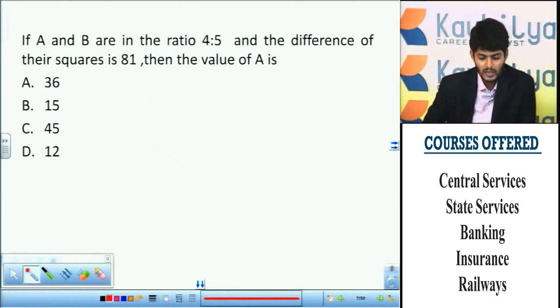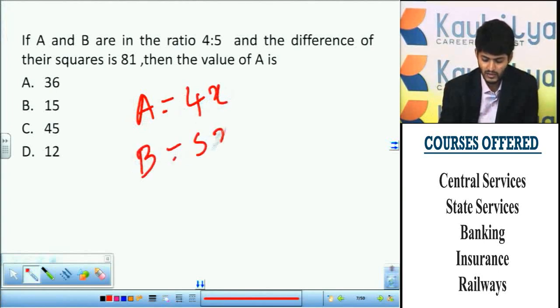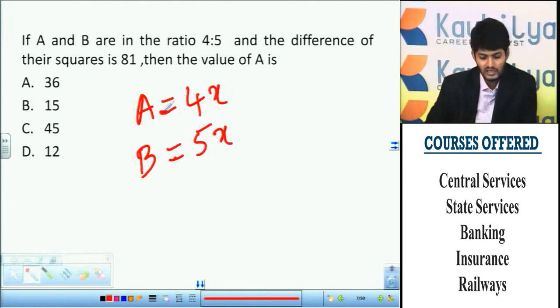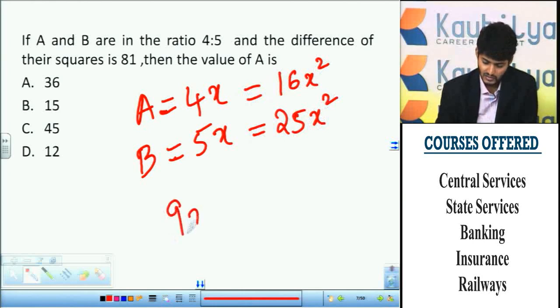Since A and B are in the ratio 4:5, I will assume A is equal to 4x and B is equal to 5x, right? x can be any value, so I will take 4x and 5x. He said the difference of their squares is 81. The square of A, which is 4x, would be 16x squared, and the square of B, which is 5x, would be 25x squared. The difference between these two is 9x squared, which is given as 81.